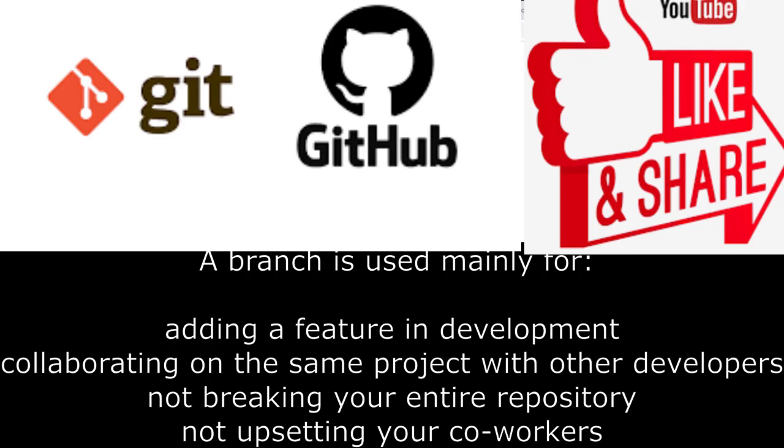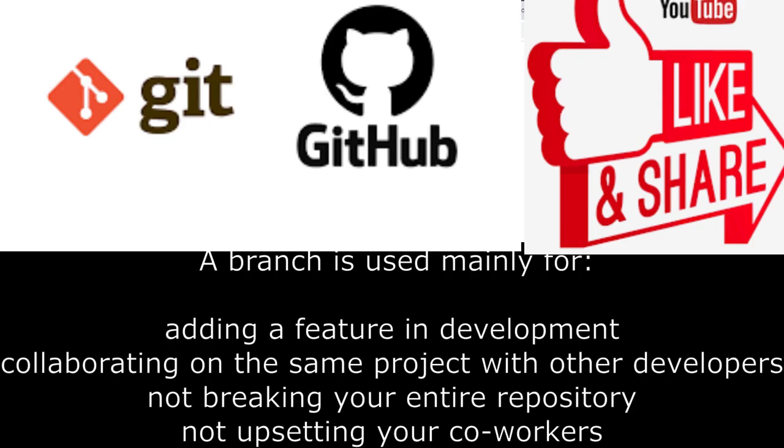Now, you can also use a branch to collaborate with other developers on the same project. So you're working on the same project with 2, 3, 4 persons, and each of you have your unique roles. Now, each person could have a branch where they put their work in.